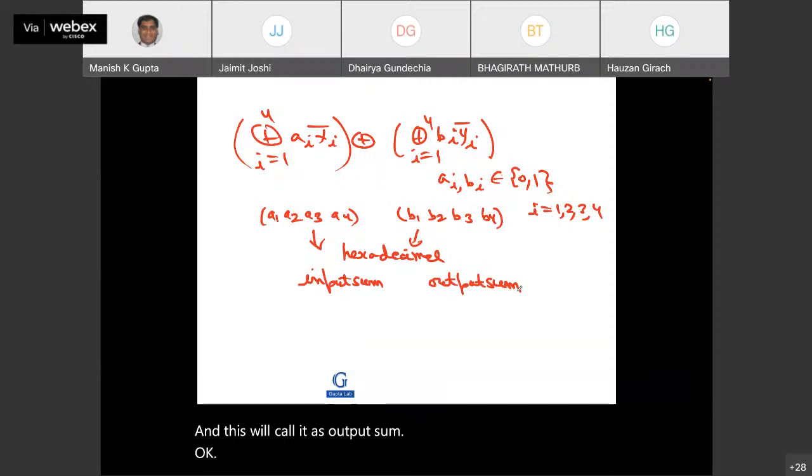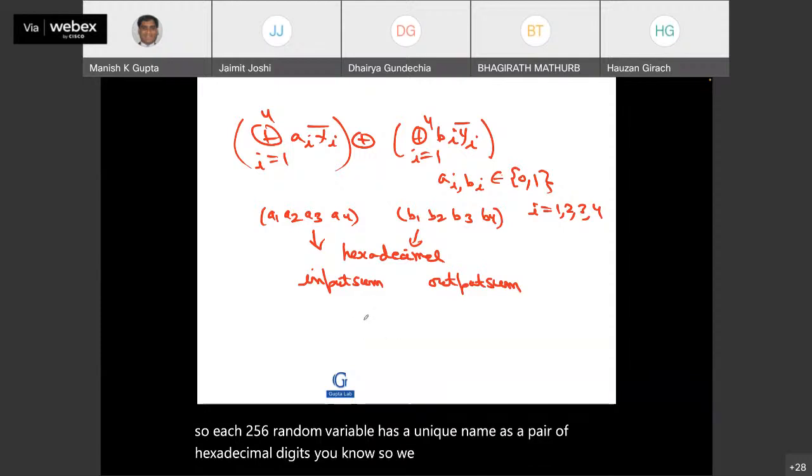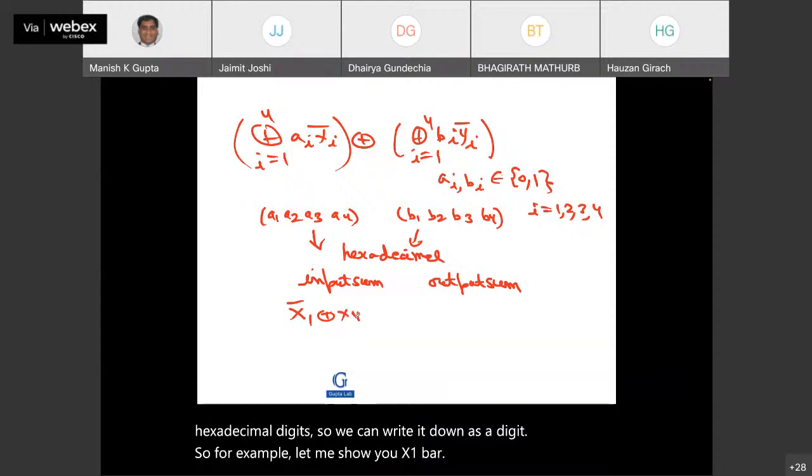So each of the 256 random variables has a unique name as a pair of hexadecimal digits. For example, let me show you x1 bar, x4 bar, y2 bar.